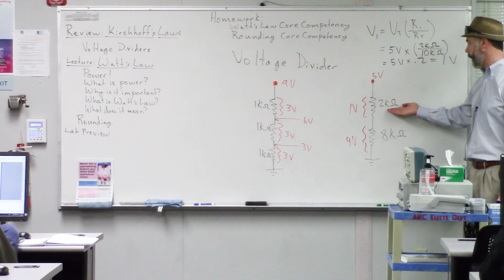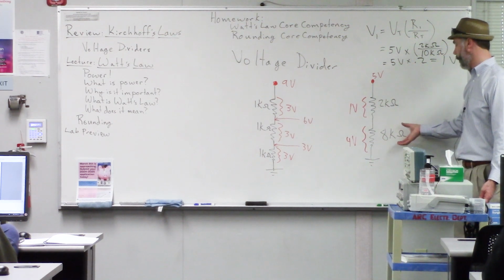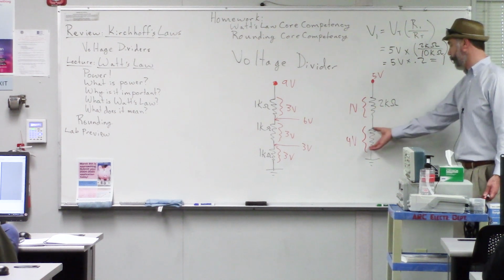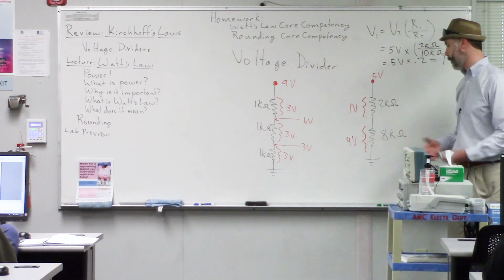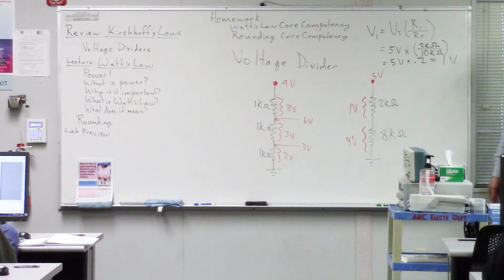So 2 is a fifth of the total resistance, so it gets a fifth of the total voltage. So that'd be 1 volt. 8 kiloohms is 4/5 of the total resistance, so it gets 4/5 of the total voltage. So yeah, that's a quick refresher on voltage dividers. So questions about that?